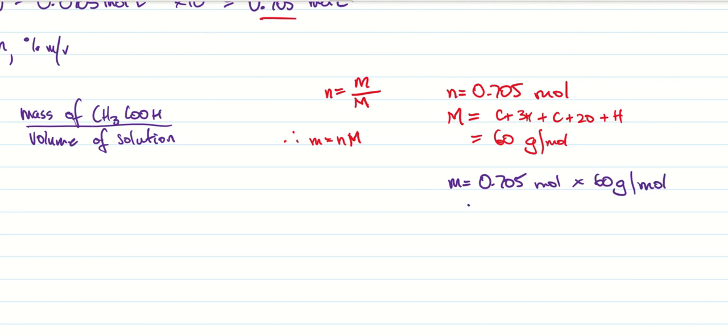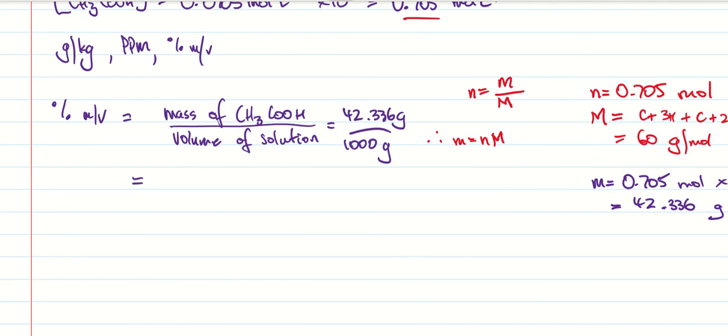So the answer is going to be in grams. And that should be, well, 6 sevens are 42, so it's going to be around 42 grams. So it's going to be 42.336 grams. So now we know the mass of the ethanoic acid in 1 litre of solution. So it's 42.336 grams for every 1,000 grams of water.